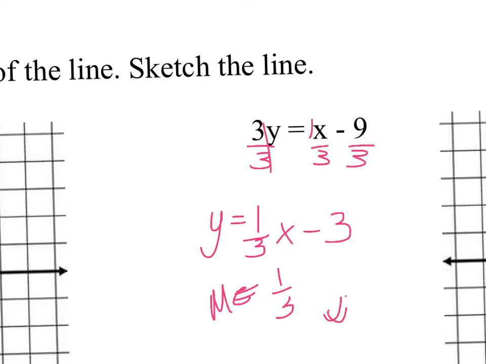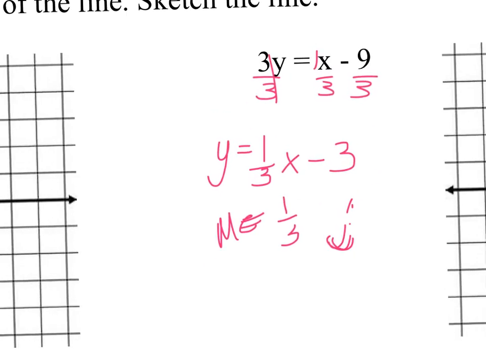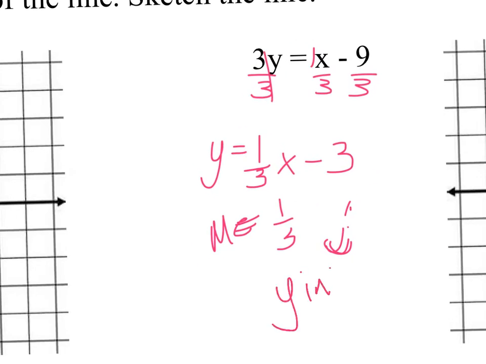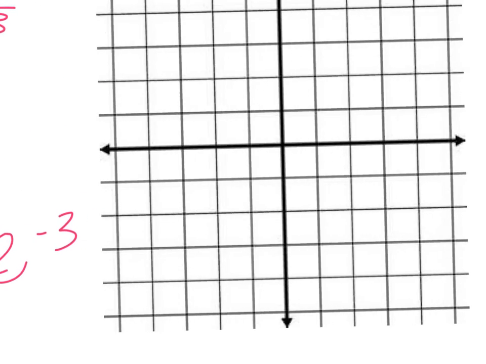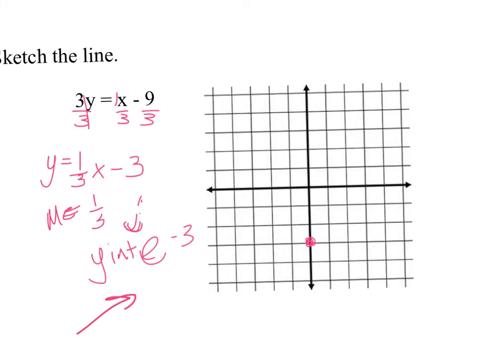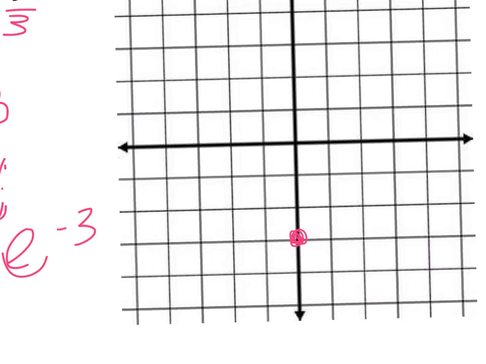So my slope is 1/3. And my y-intercept is at -3. So at -3, I'm going to put a point. 1, 2, 3. And then which way is my line going to slope? Upward, because it's positive. So from that point, I can go up 1 and over 3.